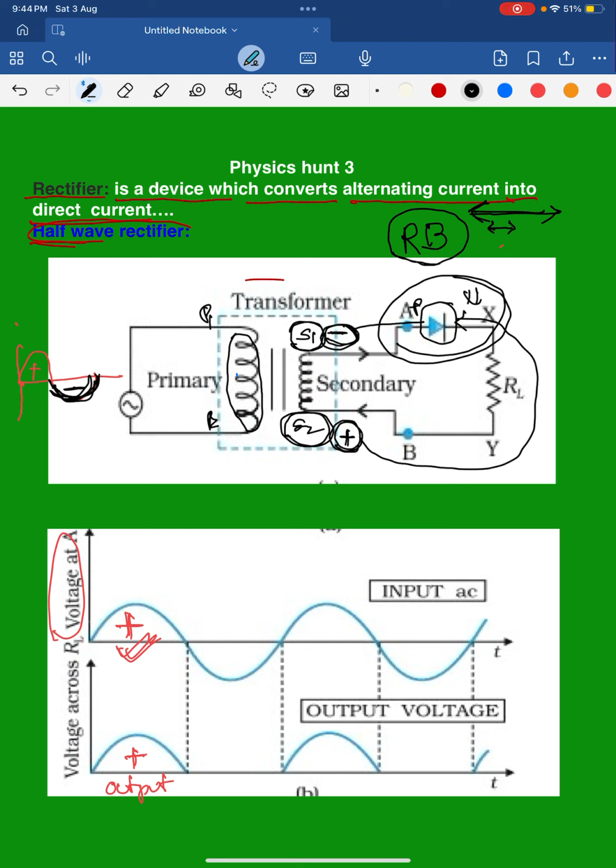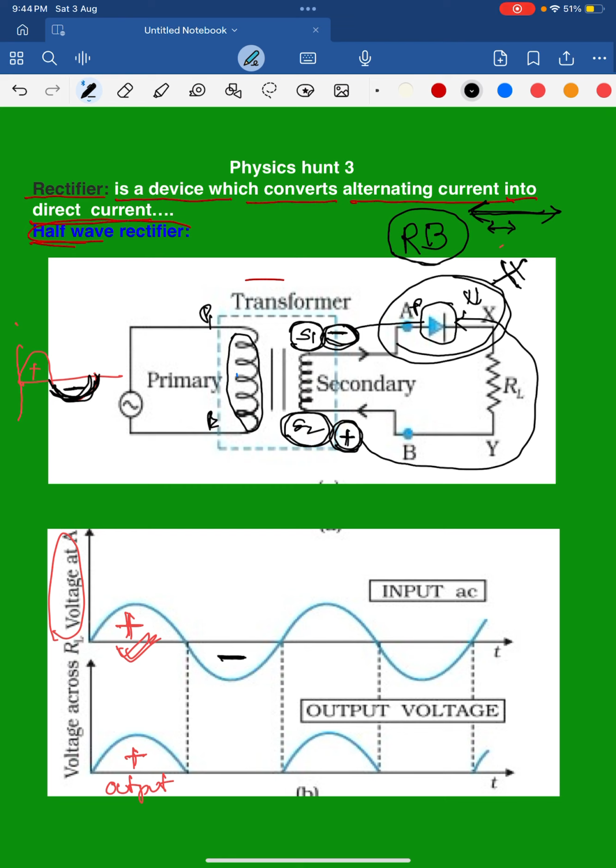Whenever the width of the depletion region is large, we can say that inside the PN junction diode, maximum resistance is developed. There is no flow of current in the PN junction diode.